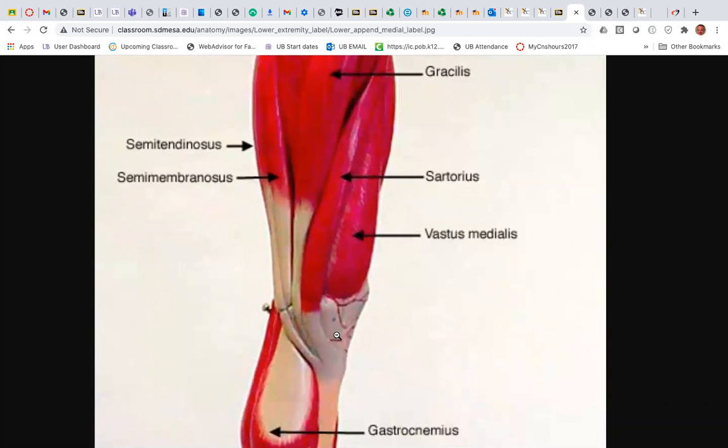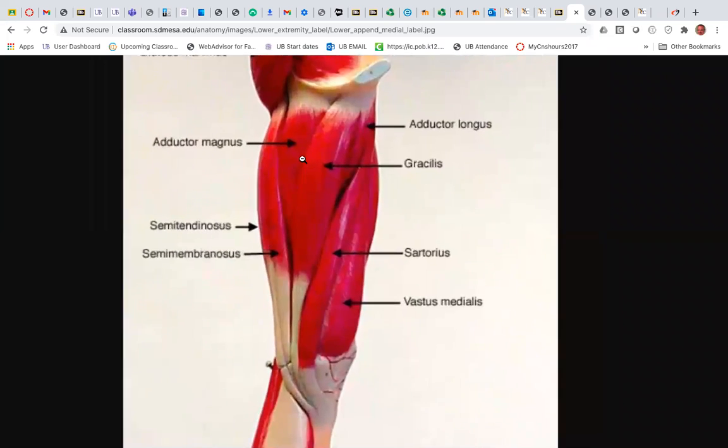Here is the pes anserine, there's the goose foot. So you have the sartorius that inserts here, the gracilis that inserts here, and the semitendinosus. Sargent, SGT. SGT, Sargent: sartorius, gracilis, T, tendinosus.